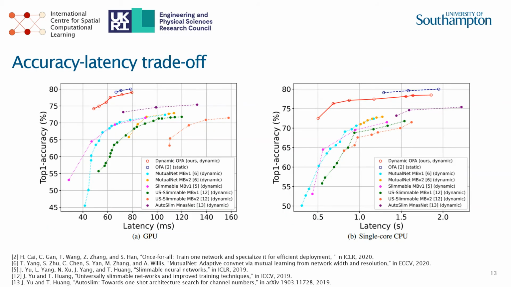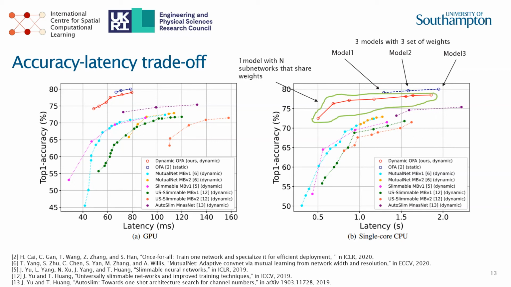Here is a comparison between Dynamic OFA and previous works. As you can see, compared to all the dynamic works, our work is much more efficient. We are still a little bit worse in terms of accuracy than the static OFA backbone, because these are individual models, 3 models with 3 sets of weights, and we can fine-tune these individual models to increase the accuracy a little bit.